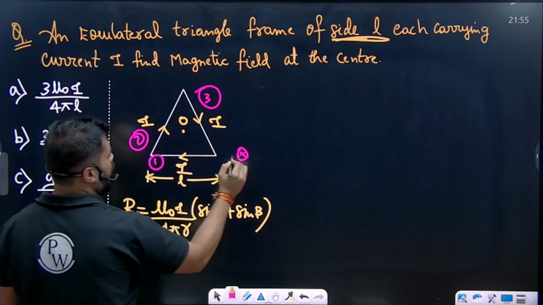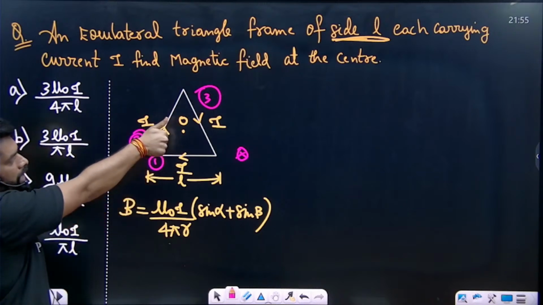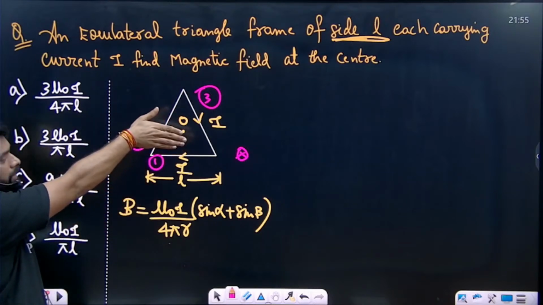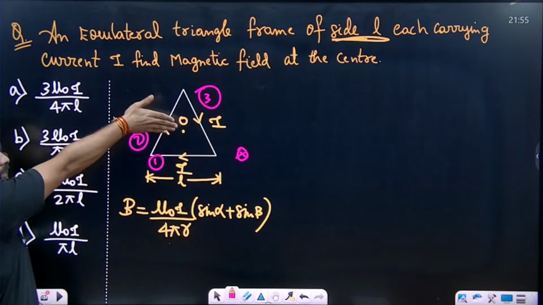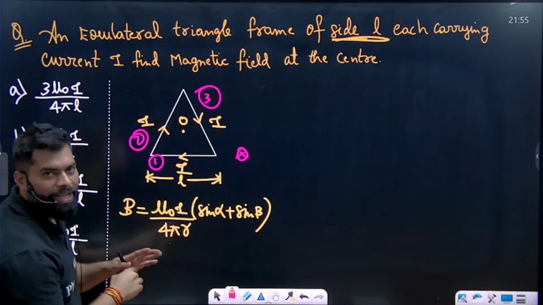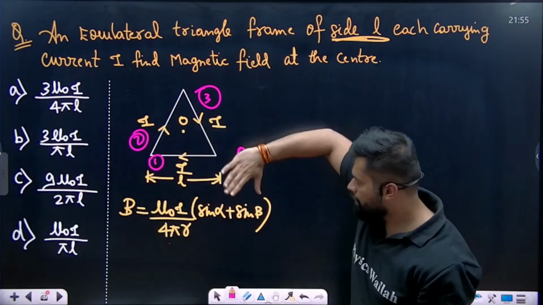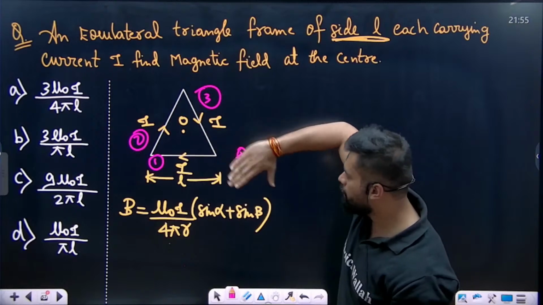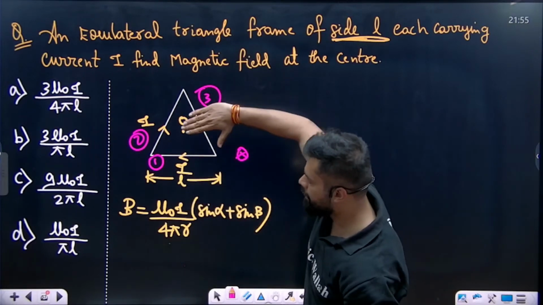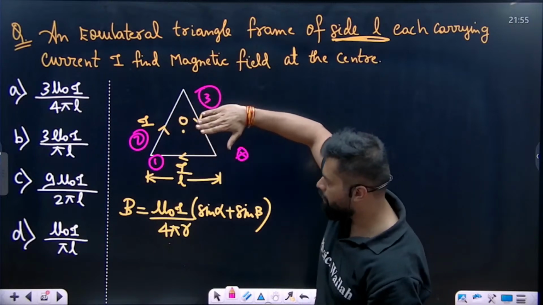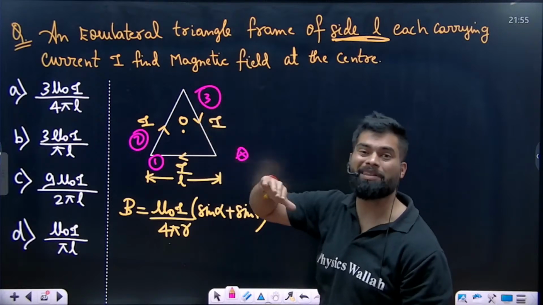Yes. For the second conductor, if we put our thumb in the direction of current and place the palm at the point, again it moves inside the page. Now what about the third conductor? If I put my thumb in the direction of current and palm in the direction of distance of that point, again the fingers are directed inside the page.